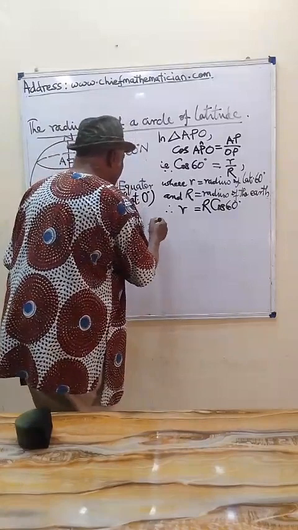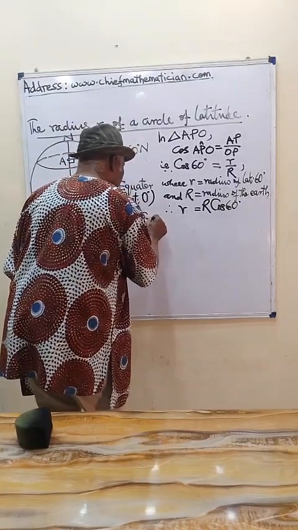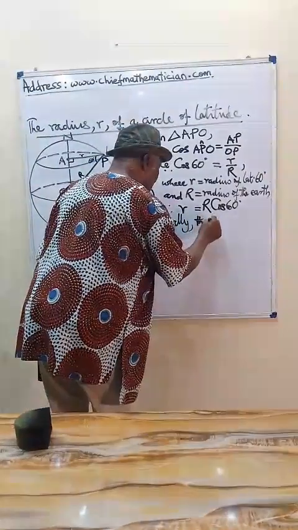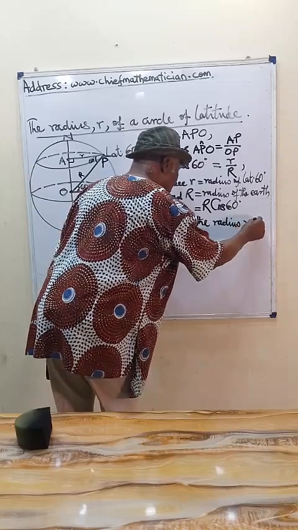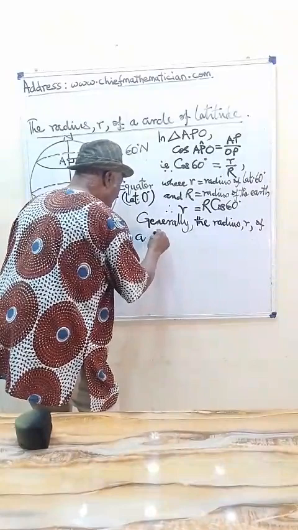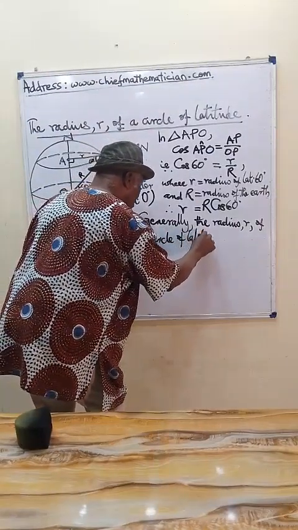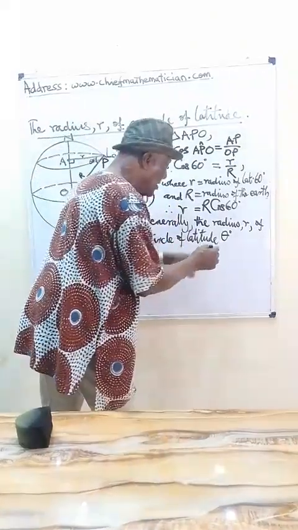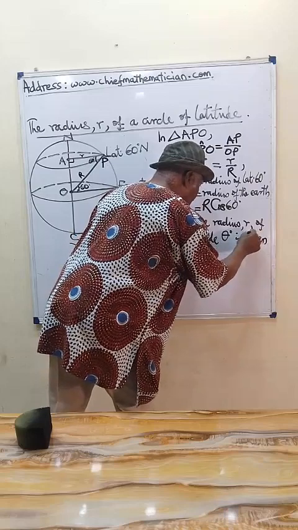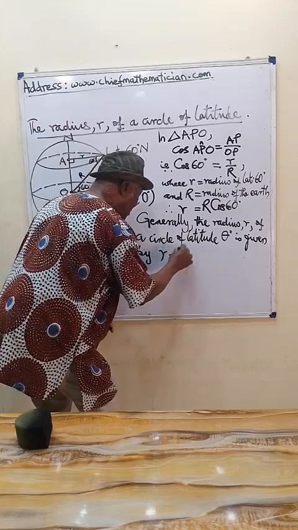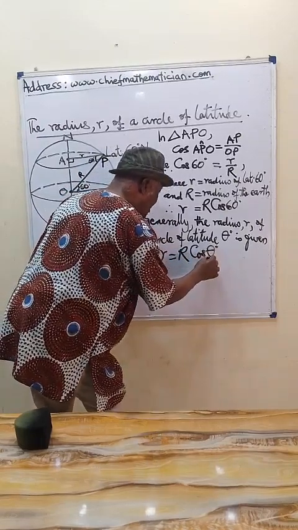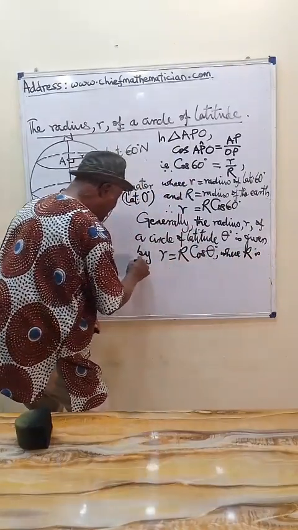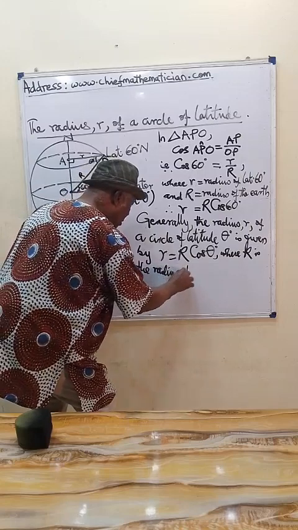So generally, the radius r of a circle of latitude theta degrees, whether it is north or south, is given by r is equal to capital R cos theta degrees, where capital R is the radius of the earth.